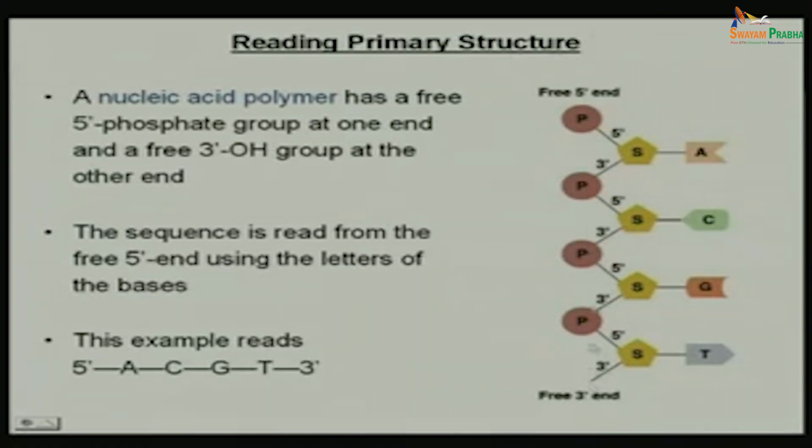You see, this linkage has a very close similarity with the primary structure of the protein molecule. As I have already discussed, one amino acid is attached to another amino acid, the second to the third, fourth, fifth and so on.